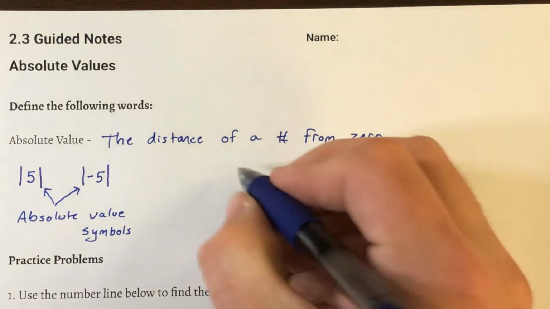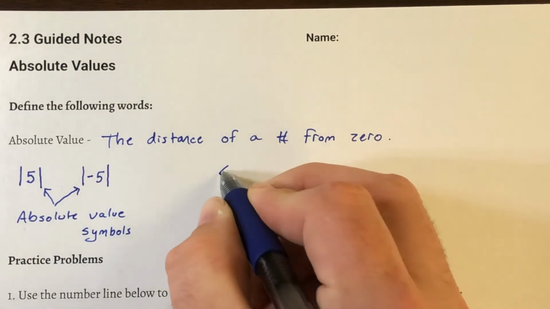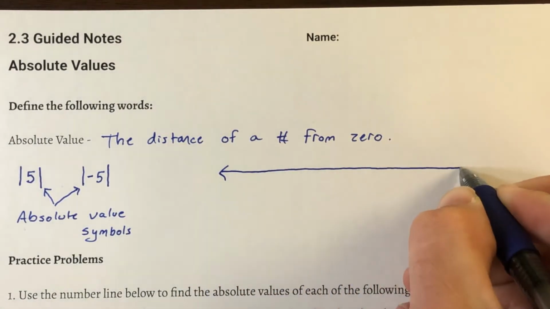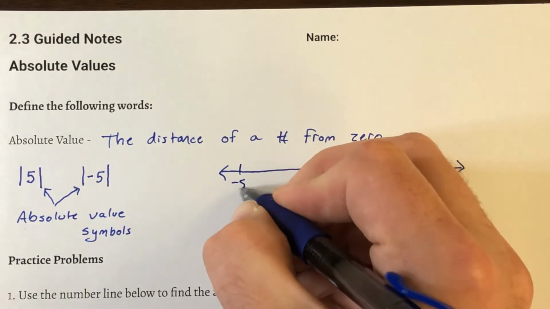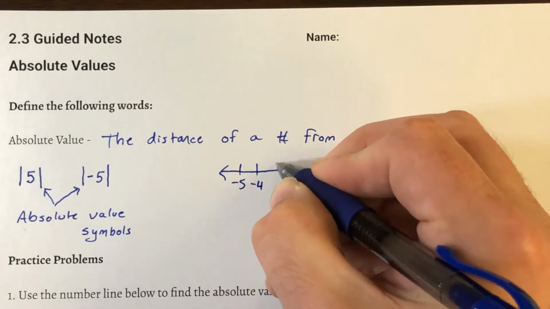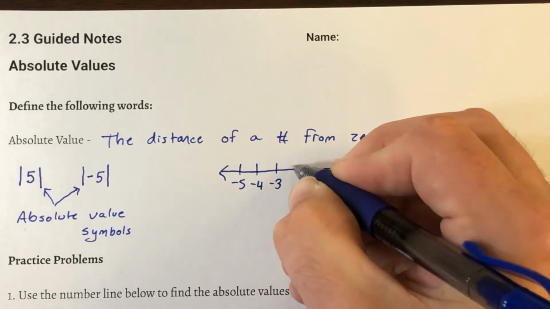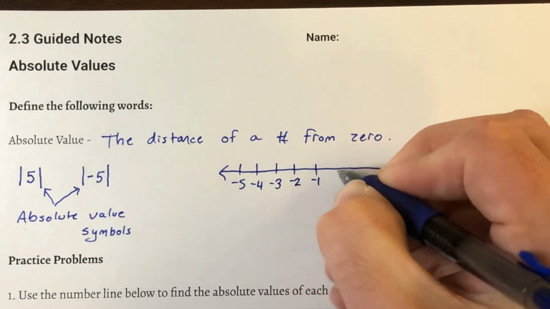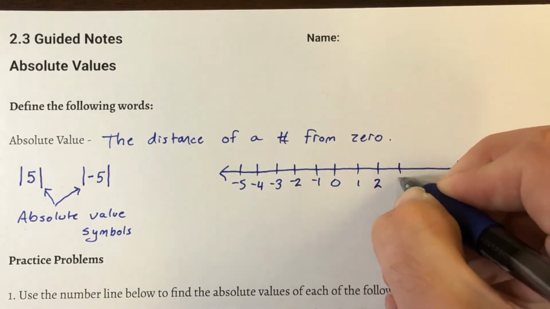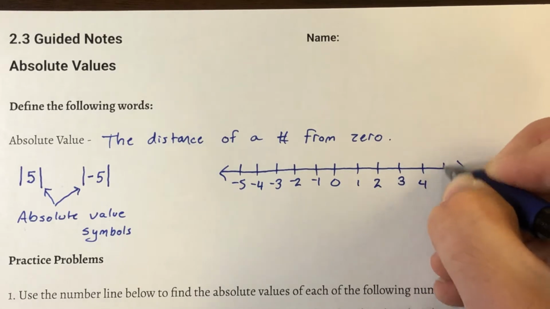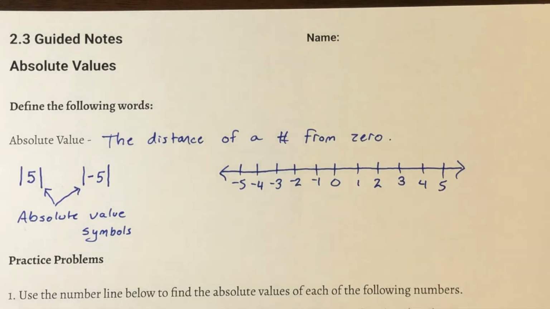So we're going to draw a number line just to help us visualize this. We're going to go from -5 all the way up to +5. Okay, let's actually solve both of those problems.